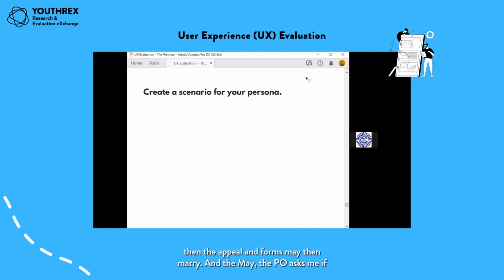Then the PO informs Mary and asks if she's interested. If she says yes, then the PO forwards us her contact information and we set up a short get to know you session. And then after that, they get involved in the program.